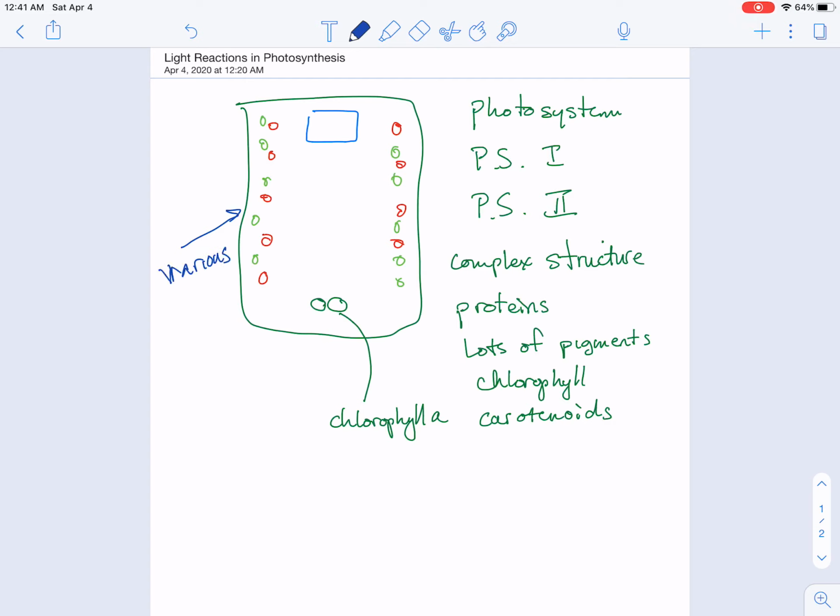And what these pigments do is they do a couple of different things, but one of the things is that they help make the plant very efficient in absorbing light energy.